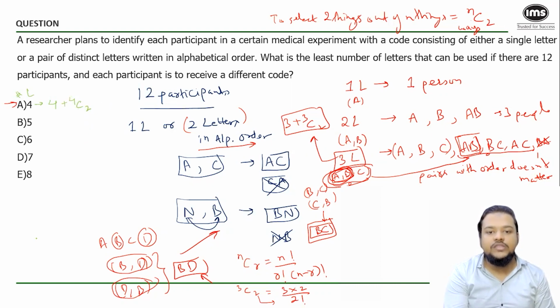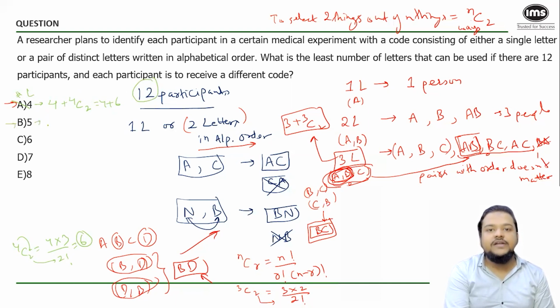Now 4C2 is nothing but 4 factorial written up to 2 terms, 4 into 3, divided by 2 factorial. So 2 threes are 6. So 6 plus 4 is 10, right? Hence, that could not be my answer because I need to represent 12 participants. Option B, 5.